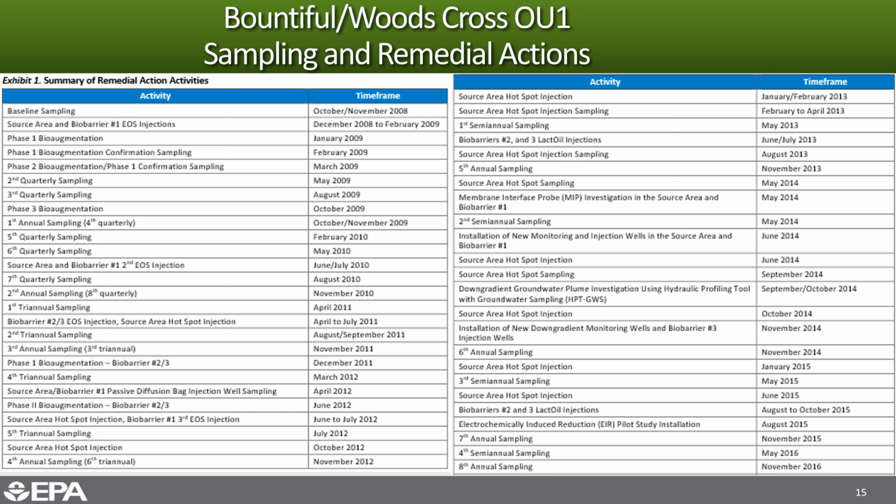They used passive diffusion bags and well sampling. Later in the 2014 timeframe, there was a large membrane interface probe investigation, which helped placement of the biobarriers, biobarrier 1, 2, and 3, and also some downgradient investigations using the hydraulic profiling tool and the groundwater sampling from that in 2014.